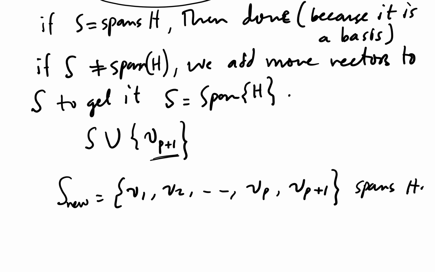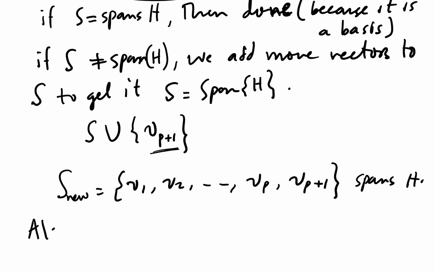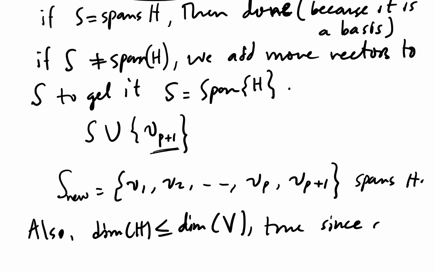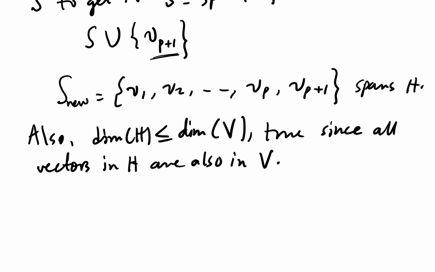Hence, it's a basis for H, and that will help us find the dimension of H. Another part of the theorem says that the dimension of the subspace H is less than or equal to the dimension of the vector space V. This is obvious, since all vectors in H are also in V. The number of vectors in H is not going to exceed the number of vectors in V. So that's what this theorem says.